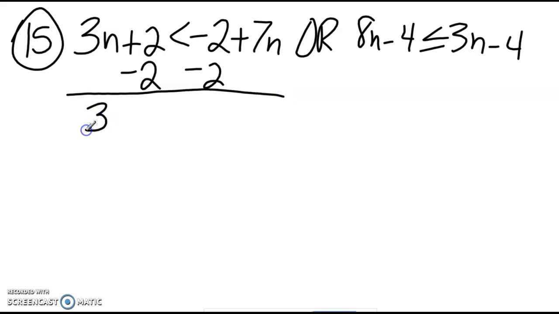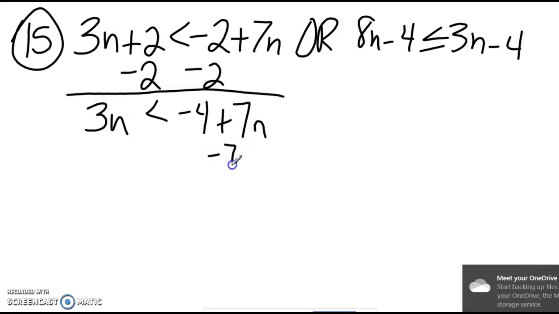And so then on the left, I have 3n is less than -4 plus 7n. Hadley, what do you think we do now? Going to move the 7n over, so it's going to be subtracting 7n.